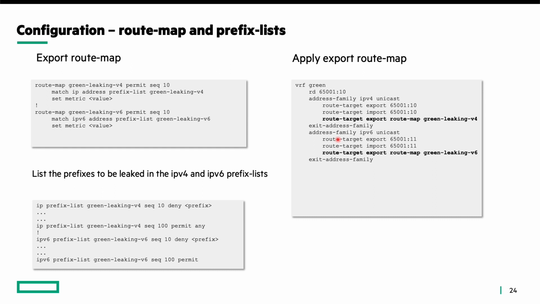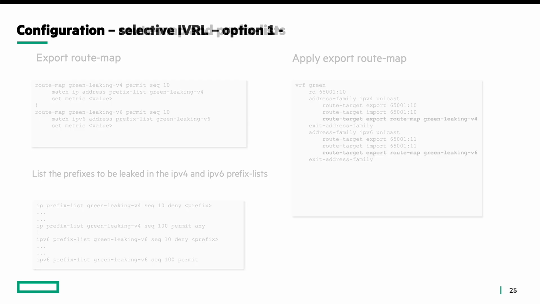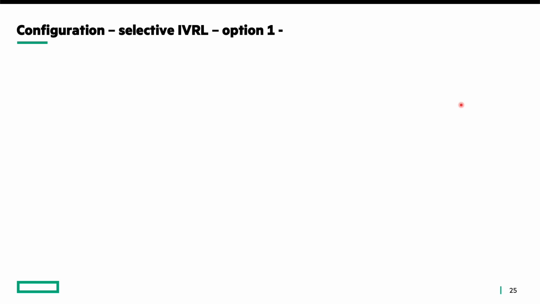And then at the end, you apply this route map. So this is really the new command in the address family IPv4 and IPv6. The command is route-target export route-map, and then the name of the route map, that, as I explained before, does not need to exist, but will be applied if it exists.